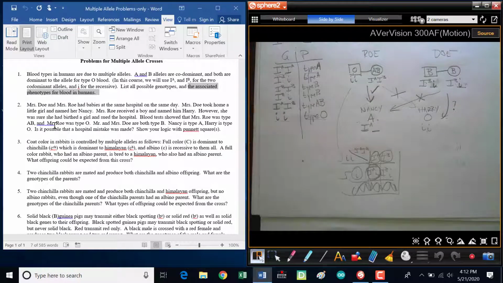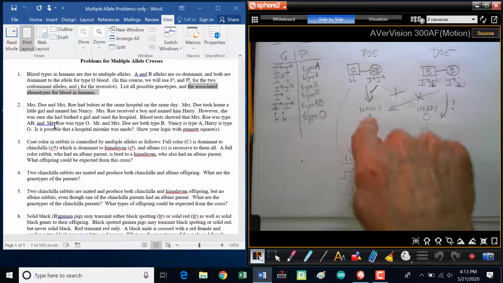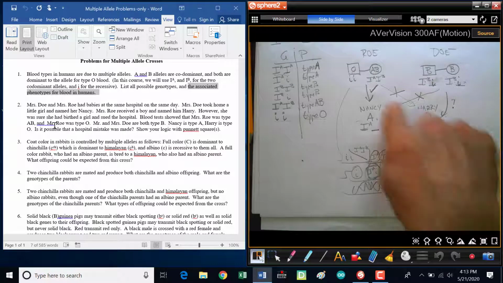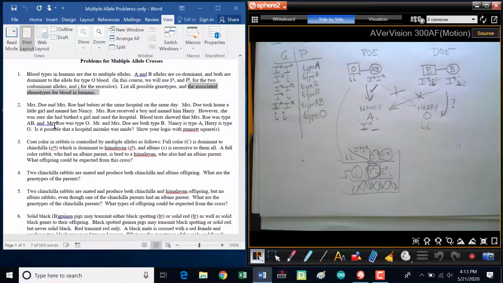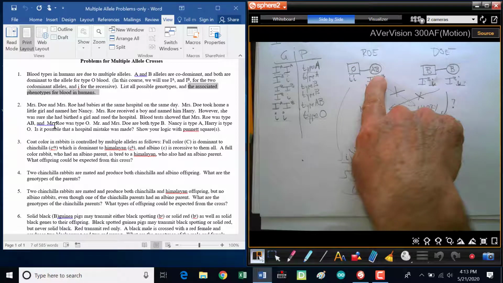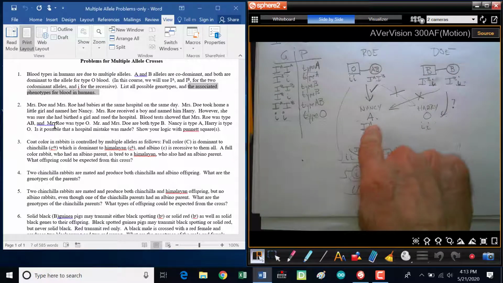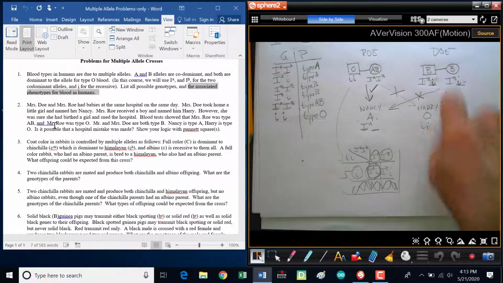So the result is that it looks like the hospital screwed up, that the Rowes should have Nancy in their house and the Does should have Harry in their house, because Harry cannot be the offspring of the Rowes, and Nancy can't be the offspring of Mrs. Rowe no matter what. And it is conceivable that the Does could be the parents of Harry, but not Nancy. There's no way they could.